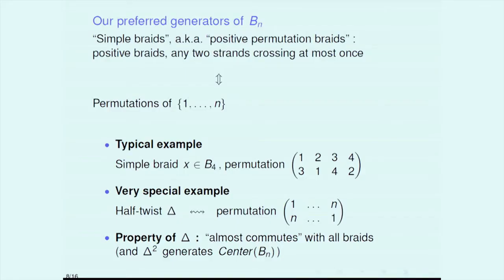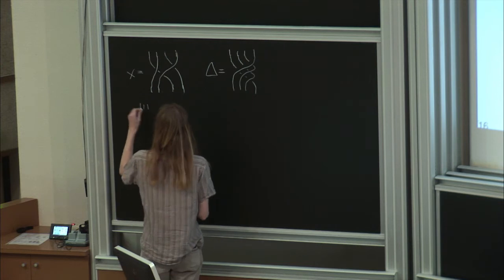This braid has an important property. It almost commutes with braids. So delta squared actually generates the center. And that braid has the property, let me draw a picture.